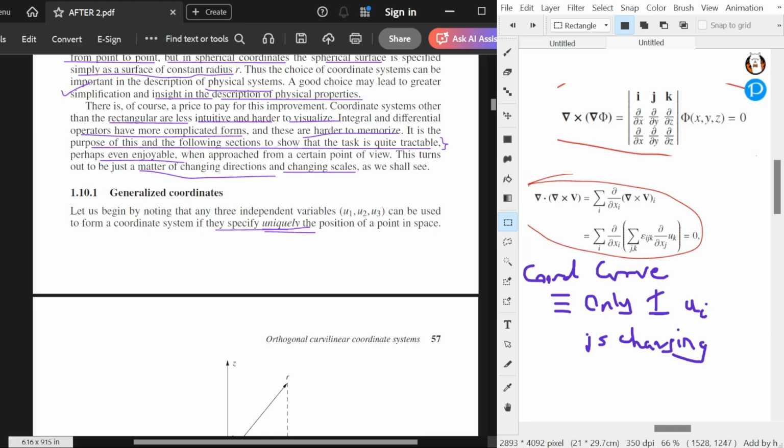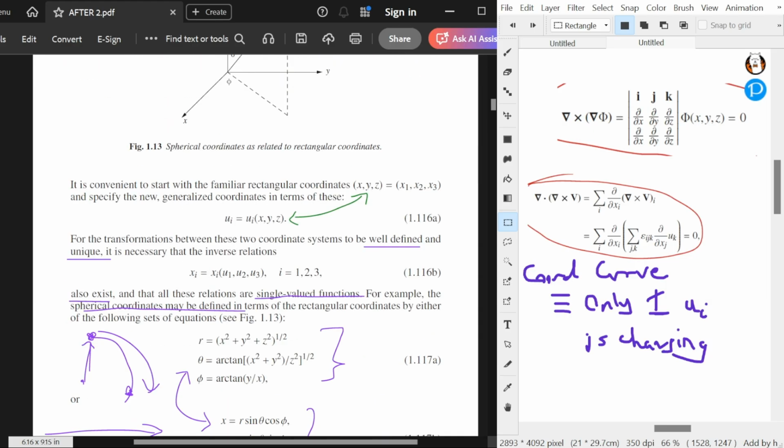Any three independent variables can form a coordinate system if they uniquely specify a point. It is convenient to start with rectangular because we know it. For a transformation between the two to be well defined and unique, you should be able to go back and forward.